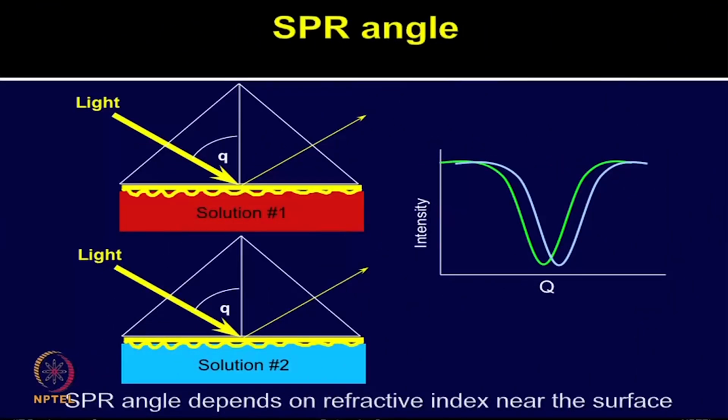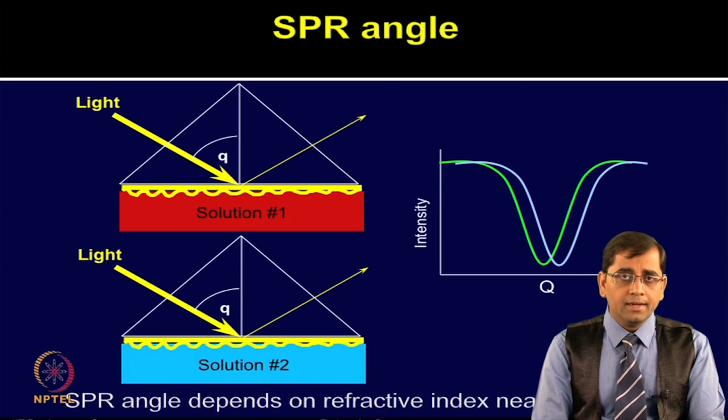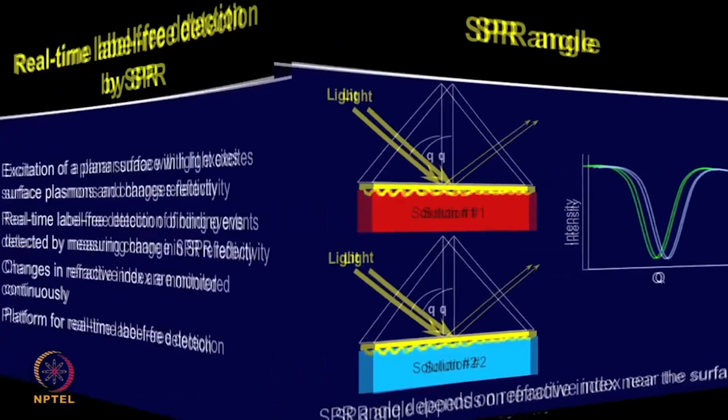Now, in this slide, let us look at the SPR angle and how it depends on the refractive index near the surface. The SPR angle is directly related to the amount of biomolecules binding on the gold surface.